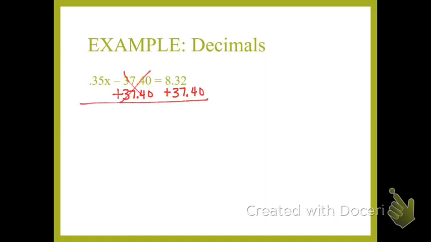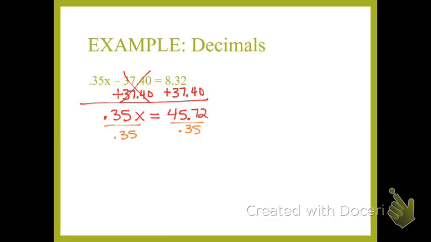Okay. That gives us 0.35x equals 8.32 plus 37.4, which is 45.72. And then we would divide both sides by 0.35.